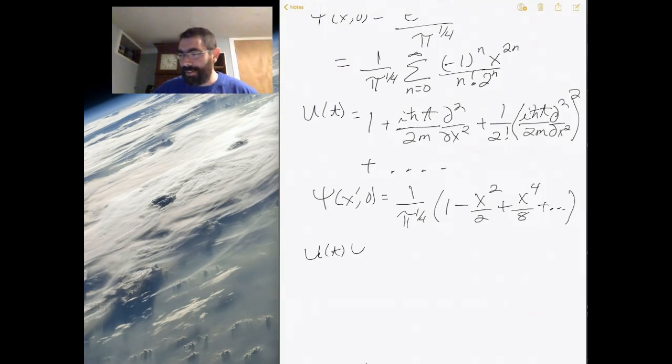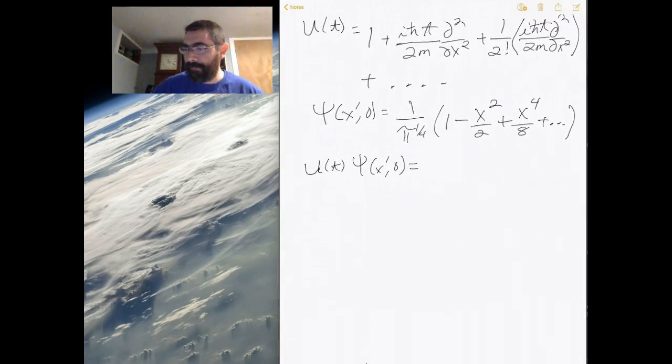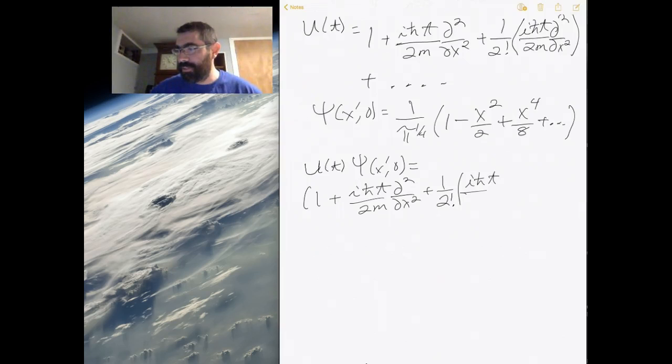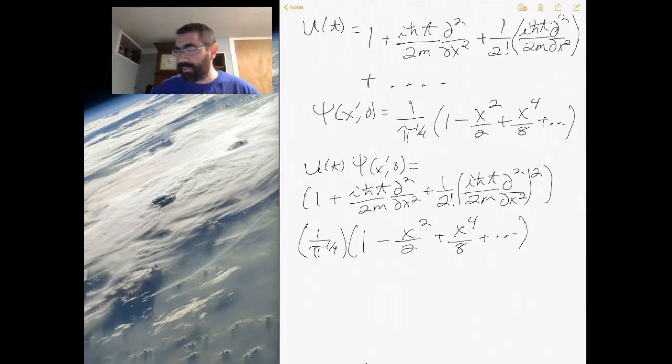So you take the propagator, apply it to this wave function, by taking 1 plus i h bar t over 2m second derivative plus 1 over 2 factorial i h bar t over 2m second derivative, that term squared, and then multiply it by 1 over pi to the 1/4 power, 1 minus x squared over 2 plus x to the 4th over 8 plus dot dot dot, like so.